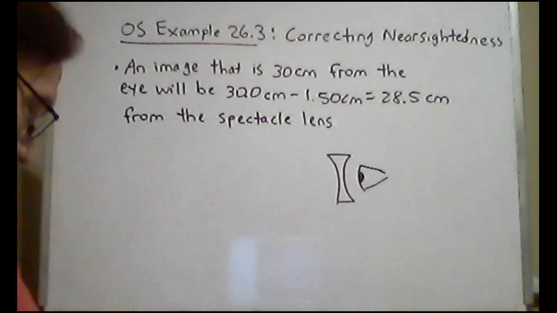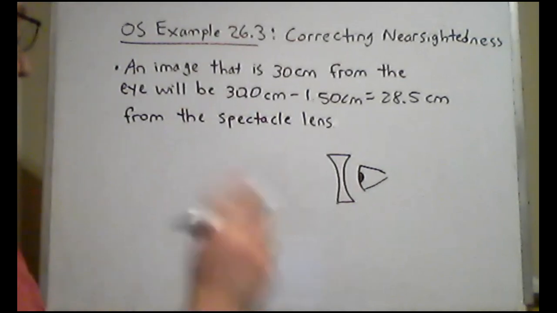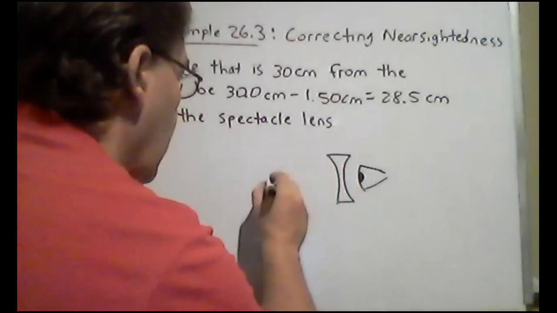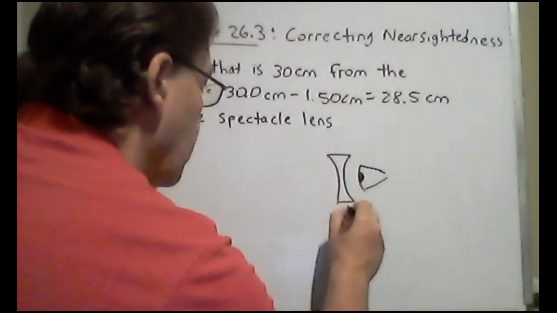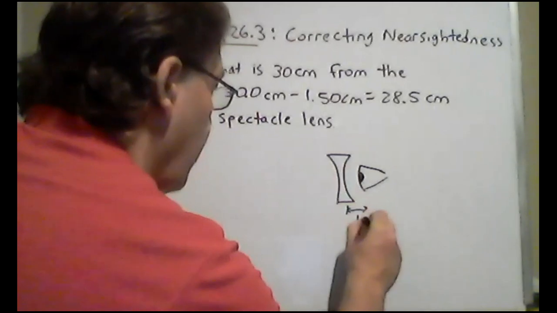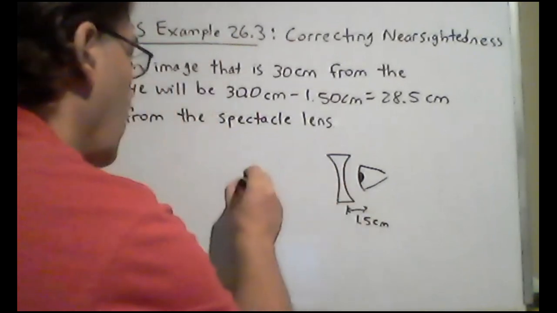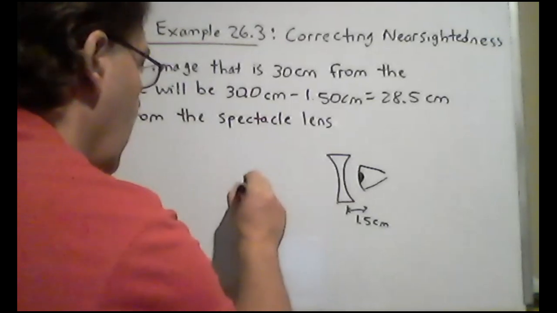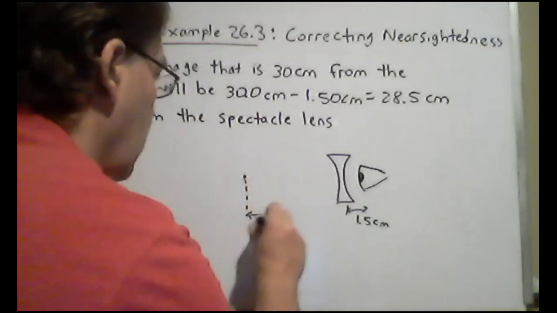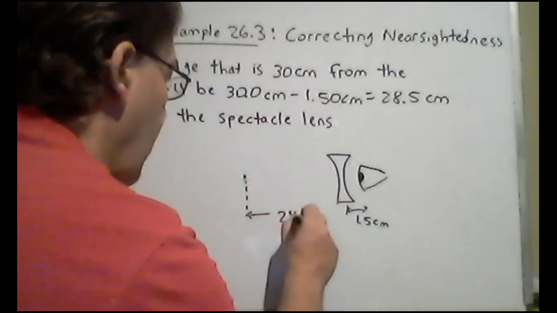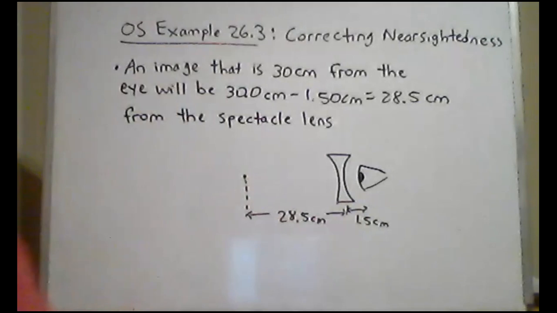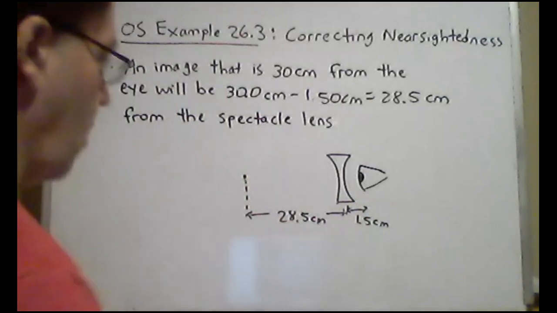What we're actually going to do is make the far away image be at the far point for this person. This distance here is 1.5 centimeters, and the far point is, let's say, here, and that distance is 28.5 centimeters from the actual lens. So that needs to be the far point.